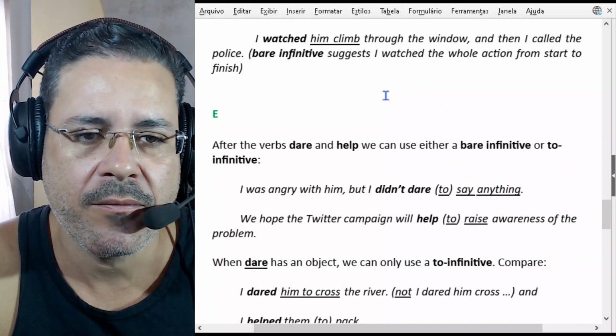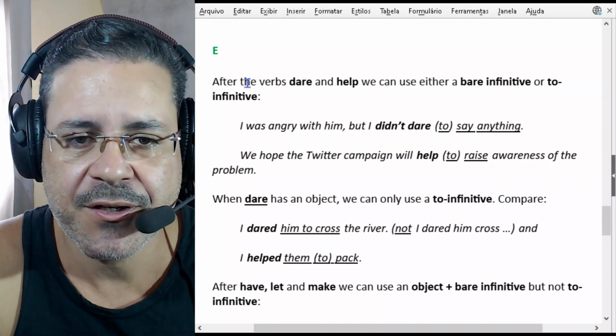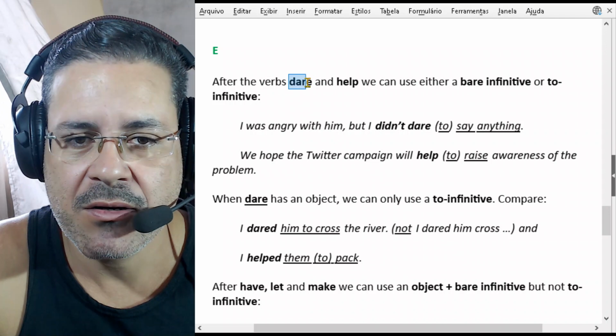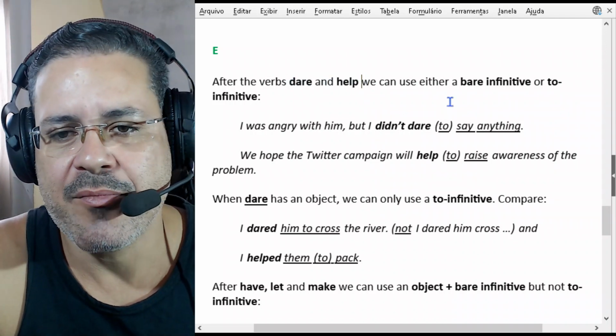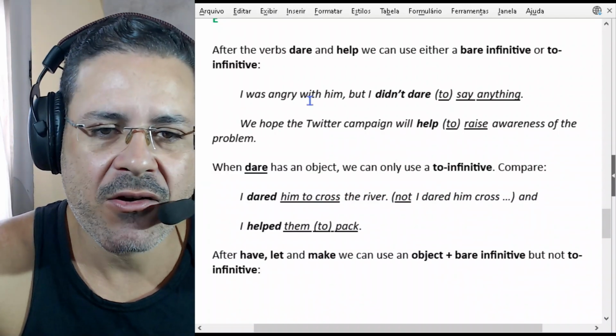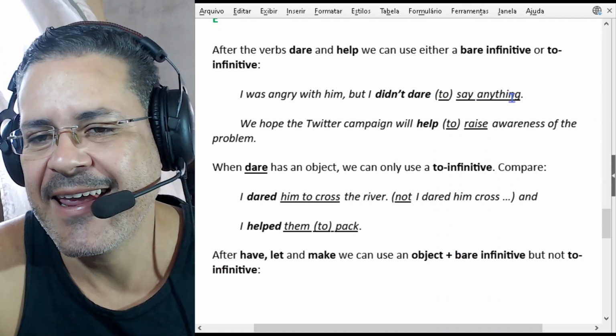Okay, moving on to the next section. This is section E. After the verbs dare and help, we can use either a bare infinitive or to infinitive. For example, I was angry with him, but I didn't dare to say anything.